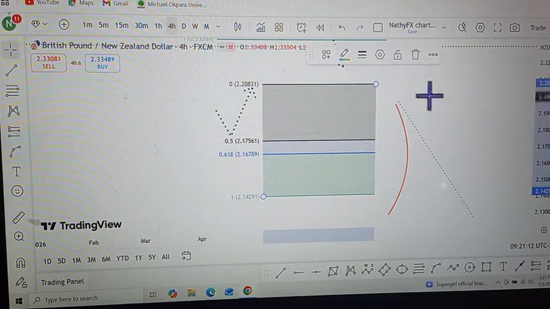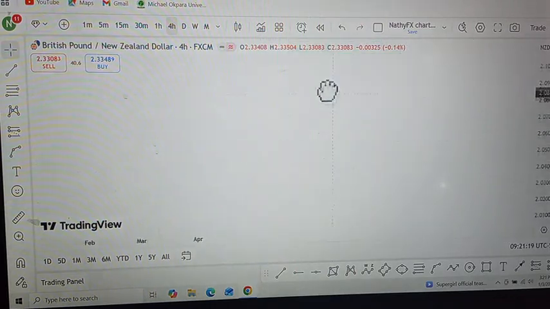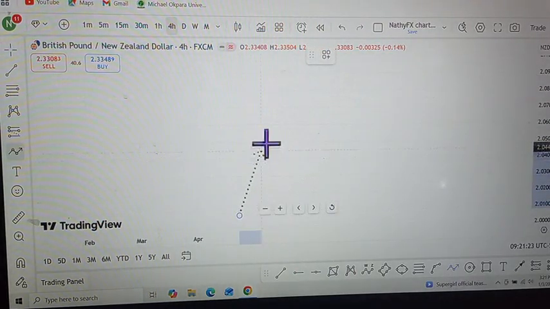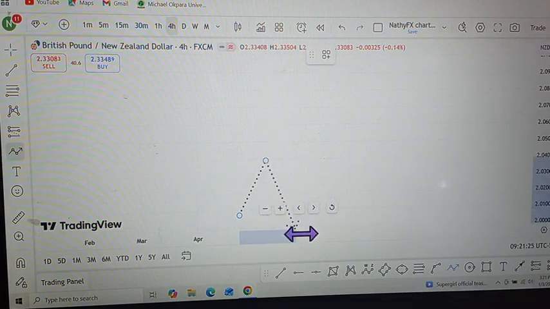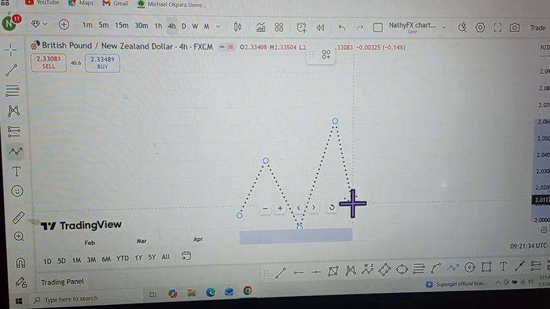The same thing happens in the buy side scenario. Let's use buy as an example. Imagine we had a sweep of this previous low here, then a break of structure. So we want this leg to pull back into the discount region, then another break of structure.